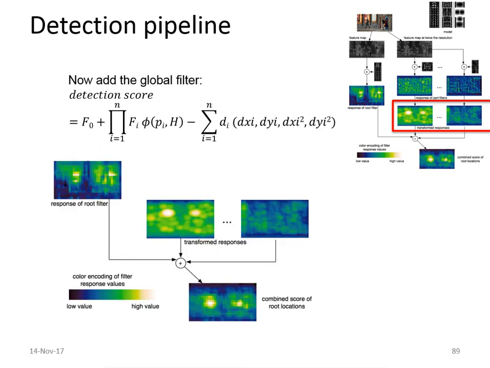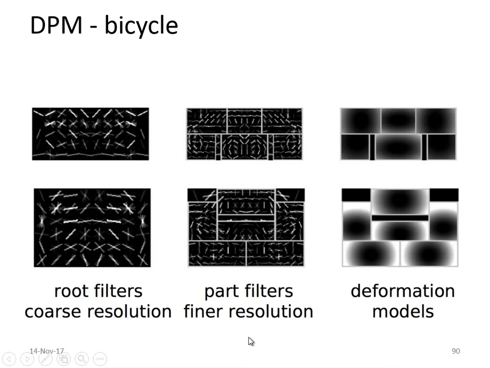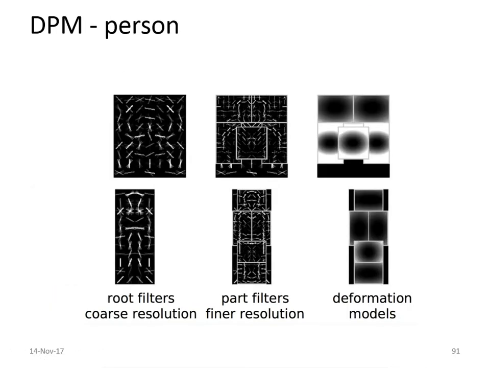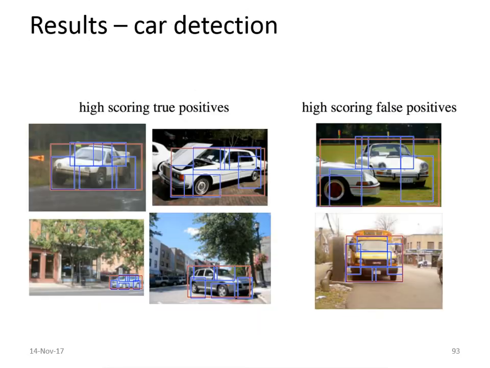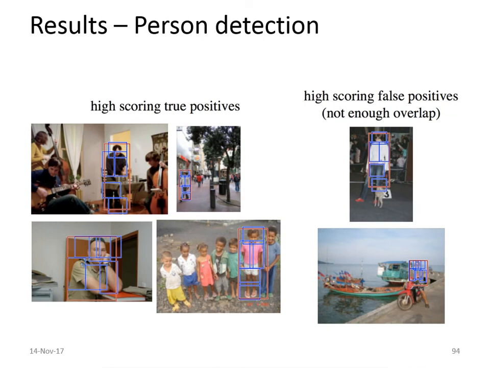Then you combine all this together, right? So you will have this combined result. Then you can look for the peak and find the detection. And that's basically it, just more examples here.